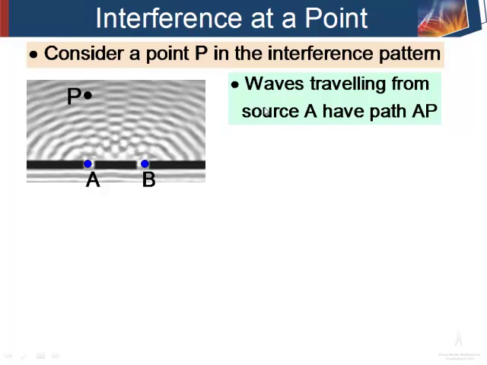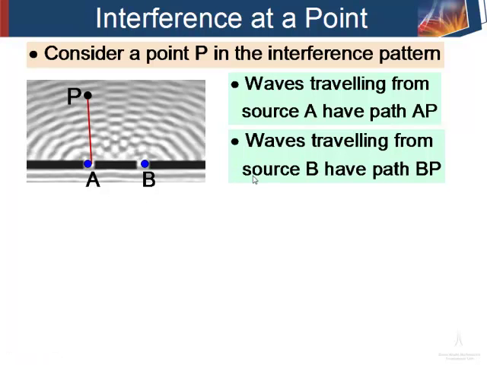The waves traveling from source A will have traveled the path AP, and the distance is therefore the distance from A to P. And the waves traveling from source B would travel the path BP.